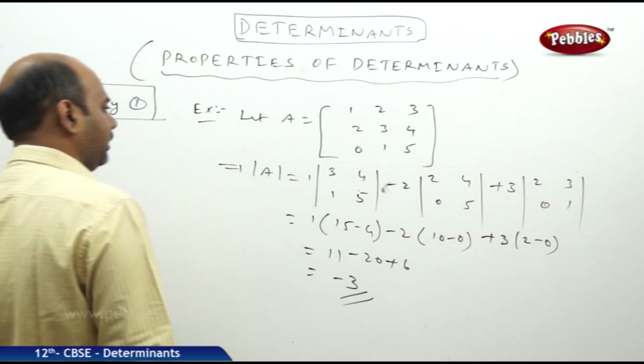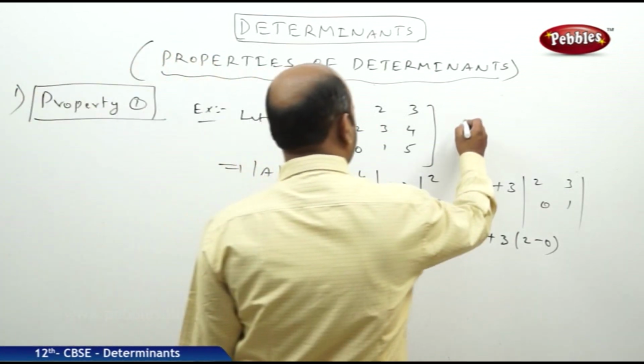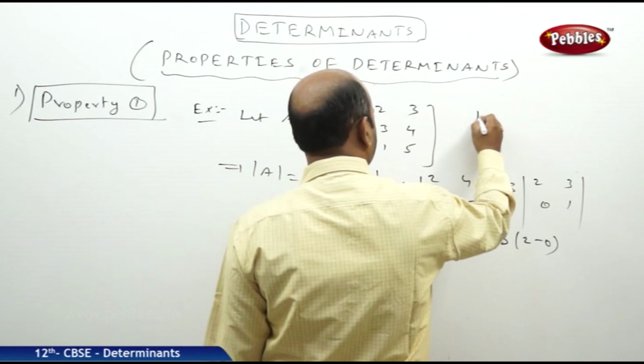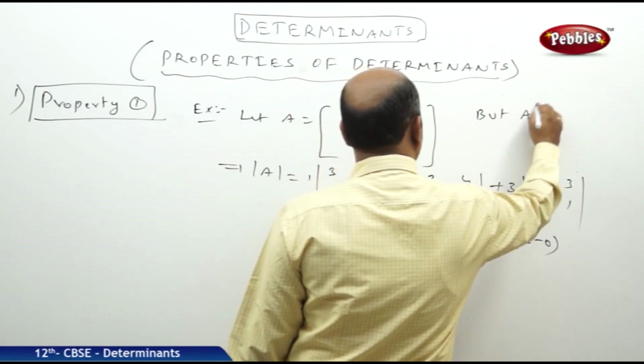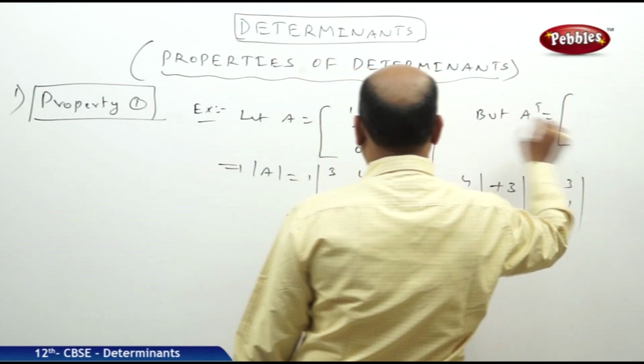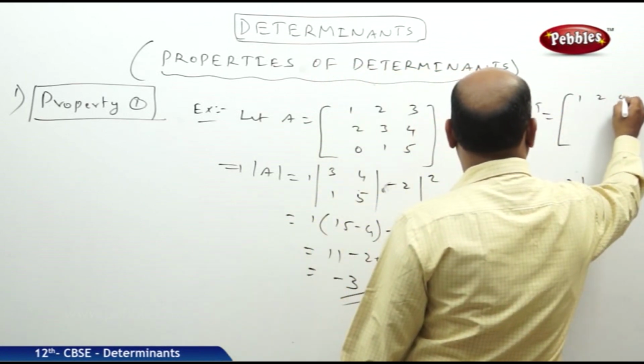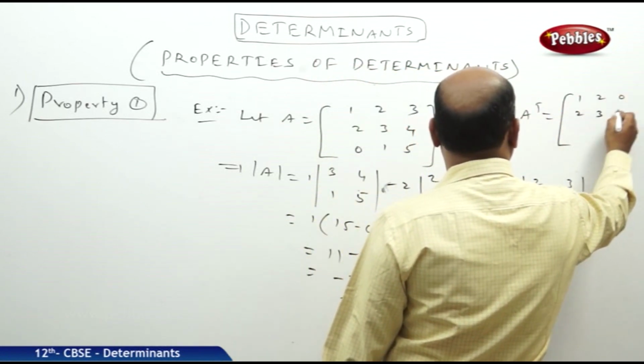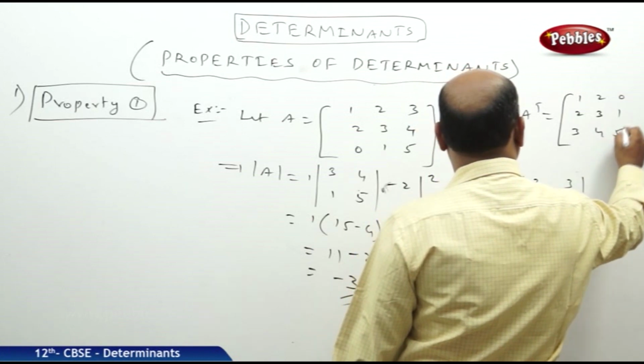Now this time I will be finding A transpose. A transpose means rows are changed to columns: 1 2 0, 2 3 1, 3 4 5.